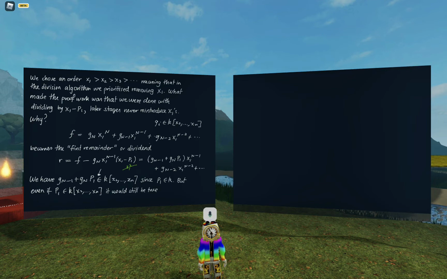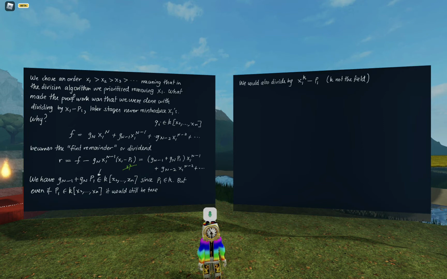Okay, let me point out that we could also divide by x1 to the, I'm going to call it k. Yeah, I realize this is an abuse because k is the field, but these are different types of things, so usually we allow this.